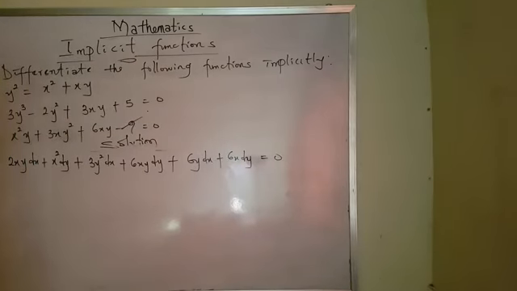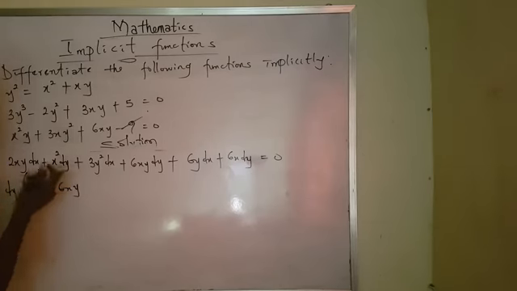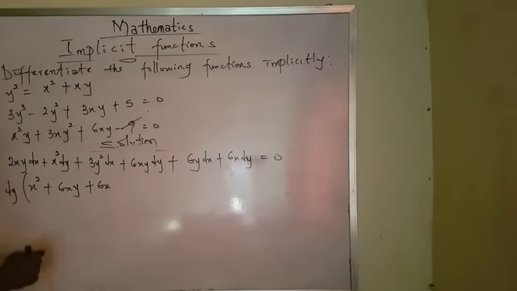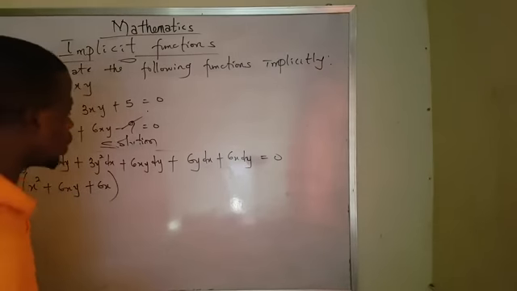You get that? So here now, let our dy be at the right hand side, our dx at the left hand side. So we have our dy family. We have x squared, and put the y outside already. So x squared plus 6xy and plus 6x. You get that? And that can be equal to what?